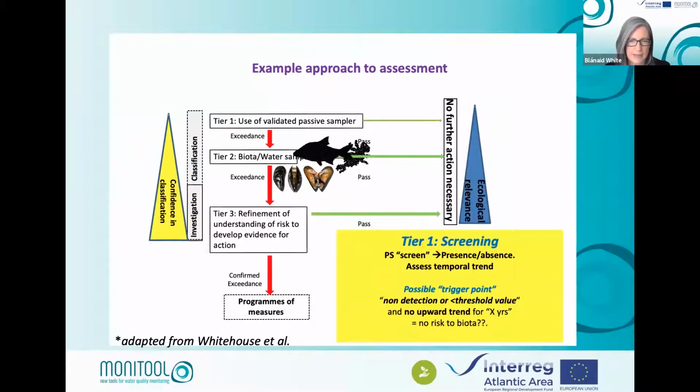So in that perspective, we could use DGTs potentially to assess the temporal trends for a defined period of time and to observe whether there is an upward trend, even if it is below the threshold value.